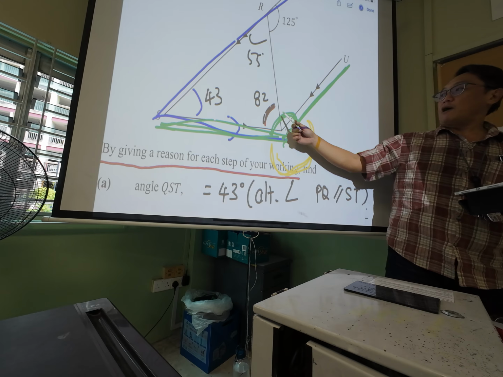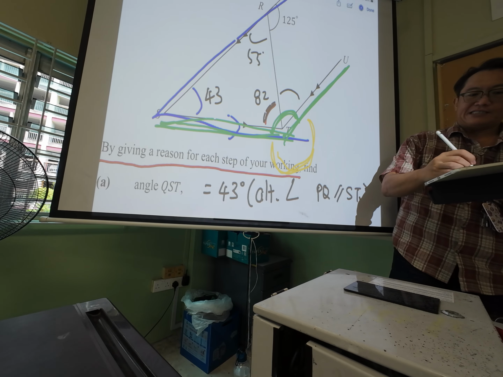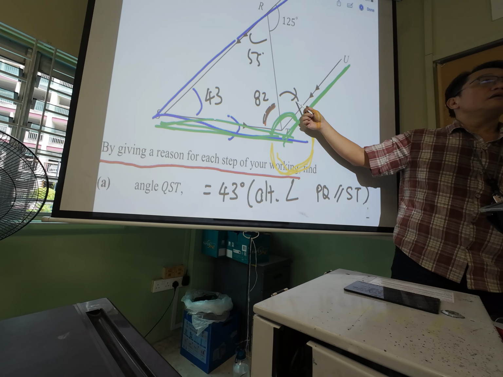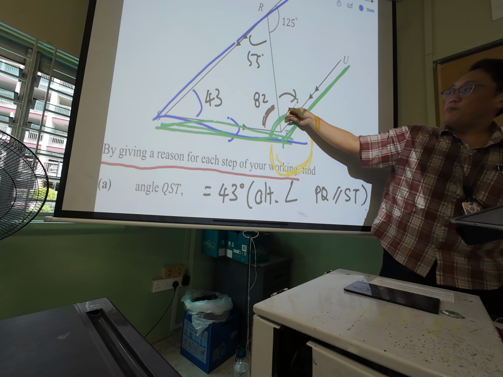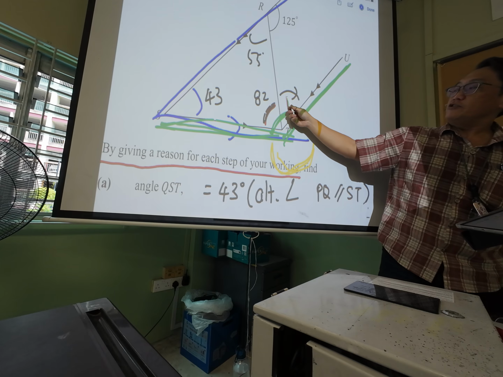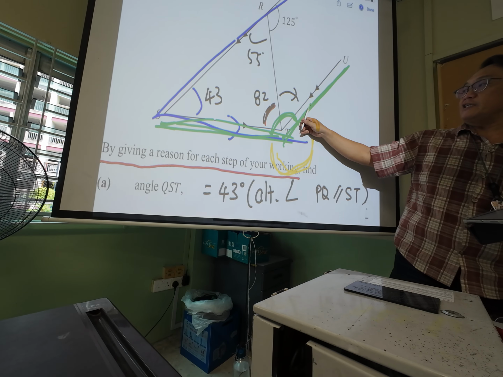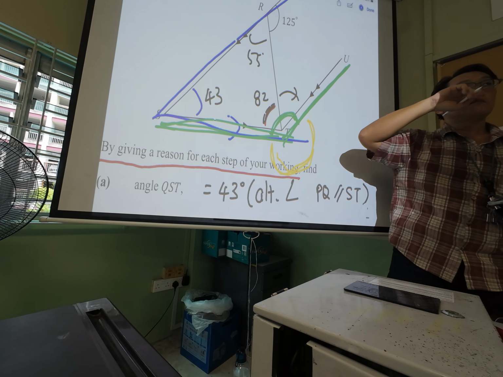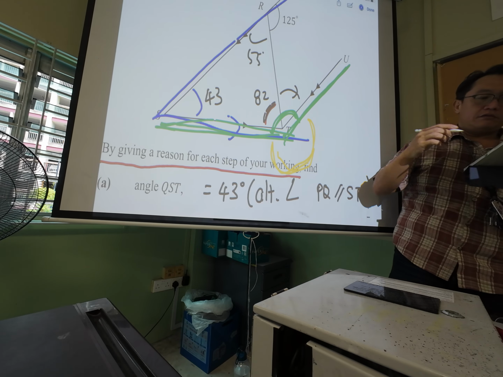So the green color one is made up of 82 plus this angle. This whole thing is this thing plus this thing. So if I know this angle, I add these two angles, I will know this whole angle. Then I can take 360 minus this angle, I get this angle. Okay? Like that only.